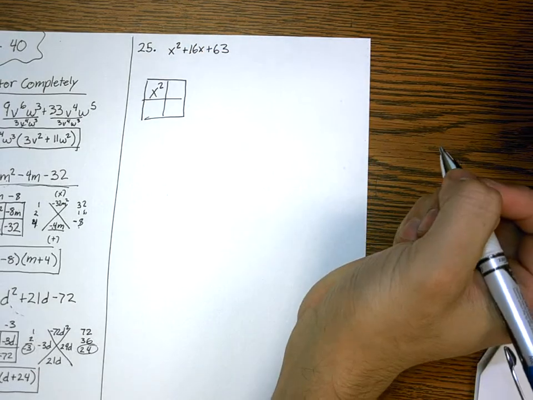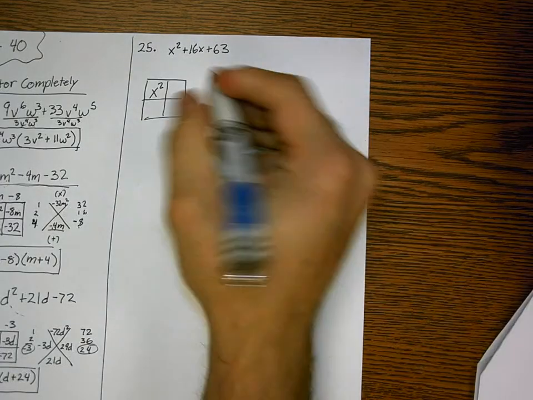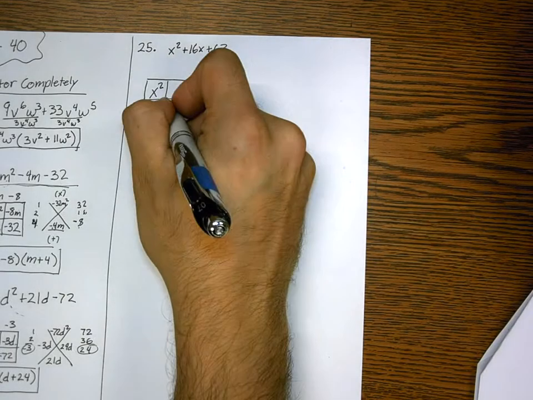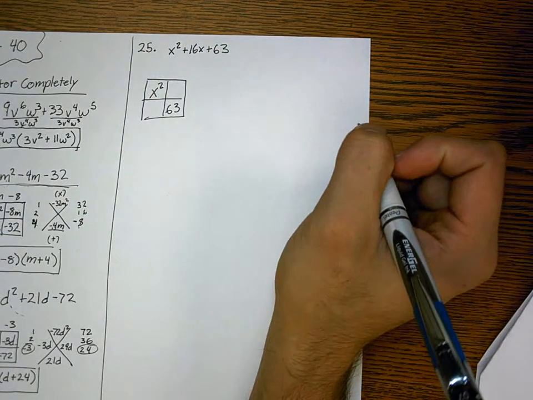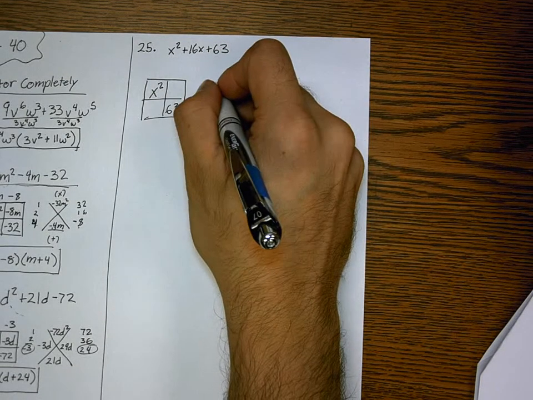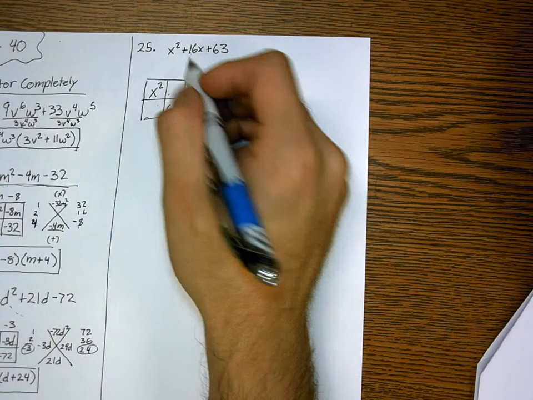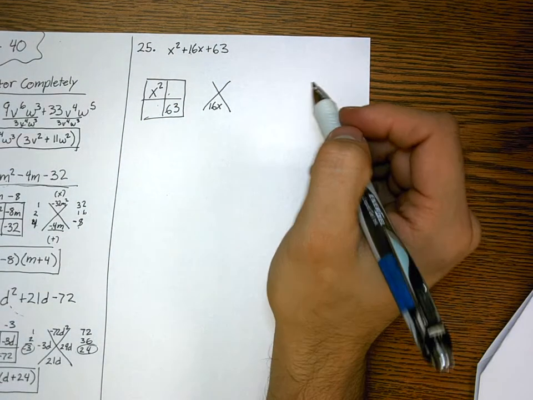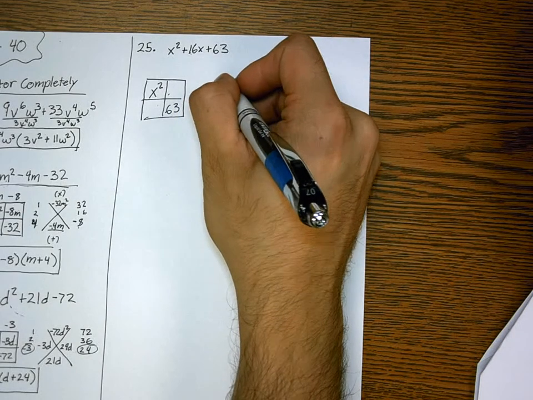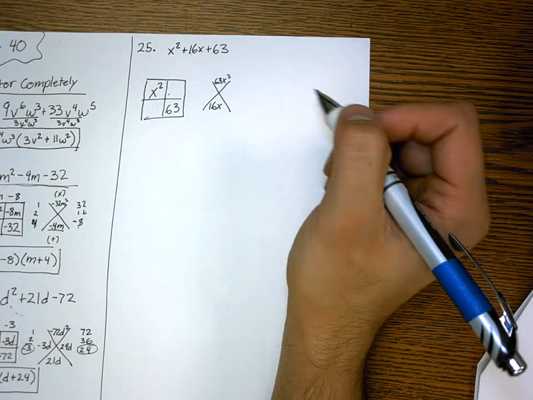The x squared term goes in one of the corners. Diagonal from it is the term without a variable. I know that these two boxes have to add to 16x. They have to multiply to 63x squared.